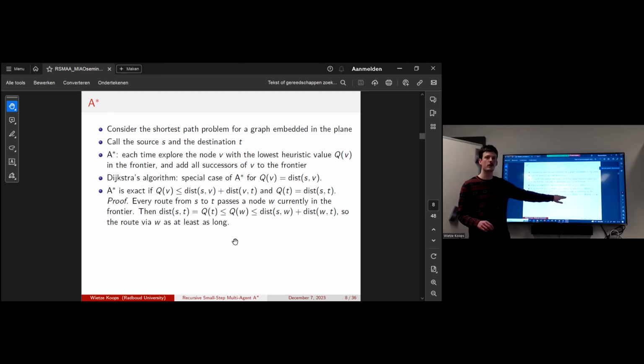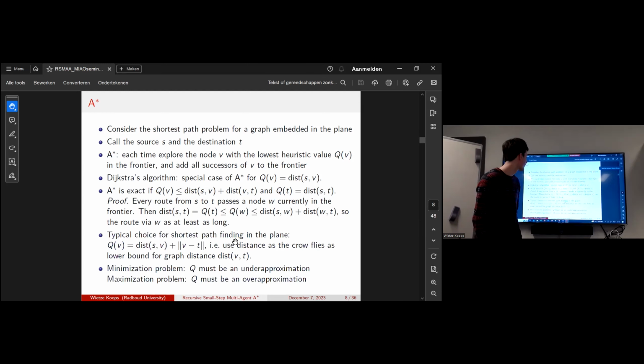So for all the other nodes W in the frontier, they have a larger or equal heuristic value, because I choose the lowest heuristic value. And then I also know that that's at least the shortest path that goes via W. And since every path has to go via such a W, the route that we found here has to be a shortest route.